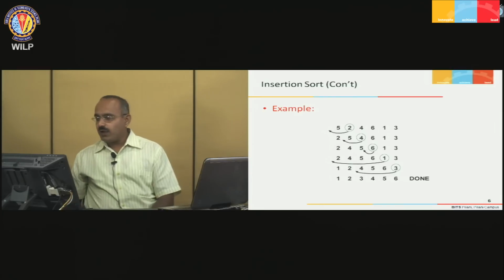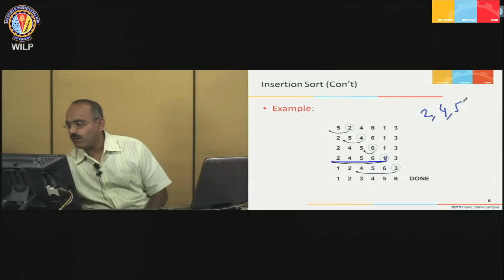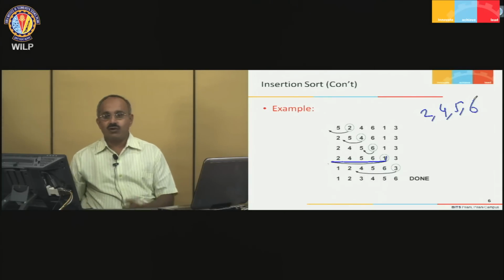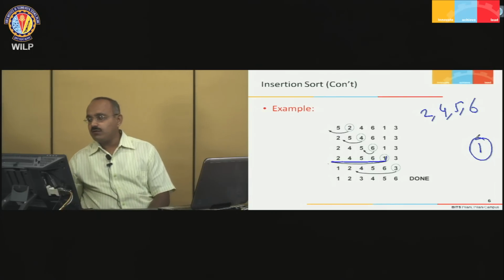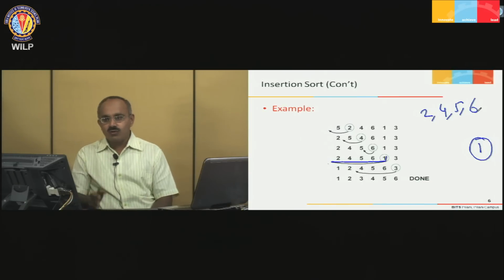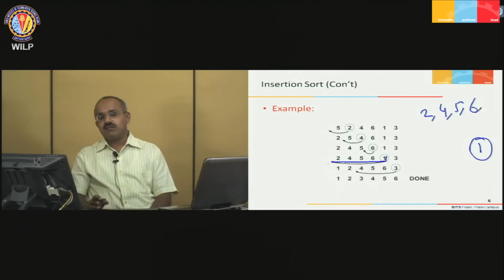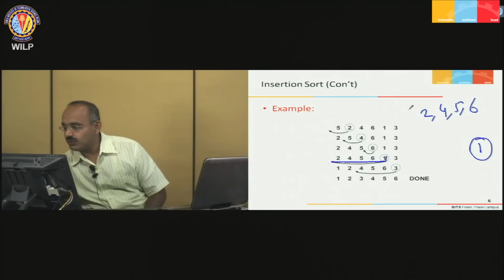So, let us look at this particular case in this algorithm. I am looking at an intermediate step in your algorithm when you have 2, 4, 5, 6 in your hand, that is already sorted, and you are trying to insert 1. To insert 1, you will start comparing it with the rightmost element; it is less than the rightmost element, so move to the left, which is 5, less than 5, move to the left, 4, less than 4, move, and less than 2, so move to the left, and you are going to put it here.